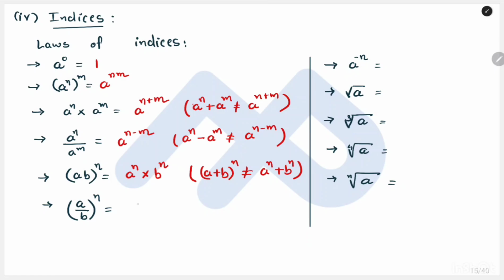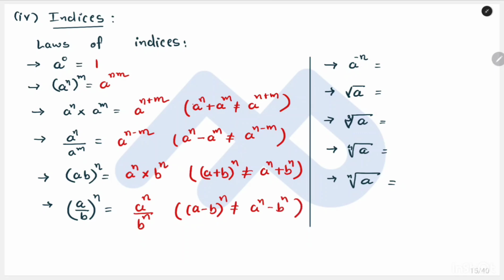Fine. In division also, if you have a common power to two numbers in division, then you can give them separate power, so it is a raised to n divided by b raised to n. Same, they make the mistake, they apply the same rule for subtraction, that a minus b whole raised to n, they call it a raised to n minus b raised to n, which is wrong.